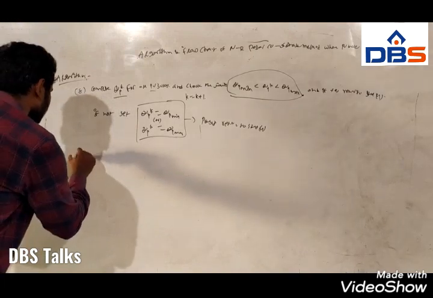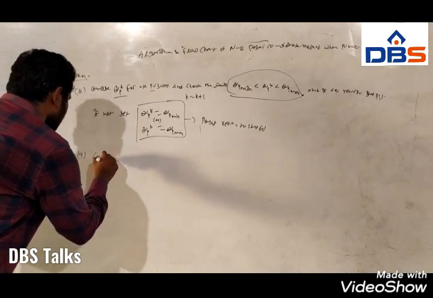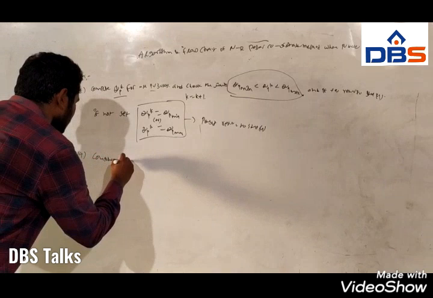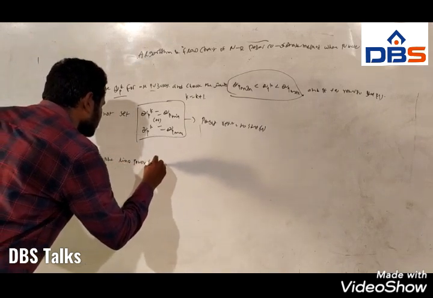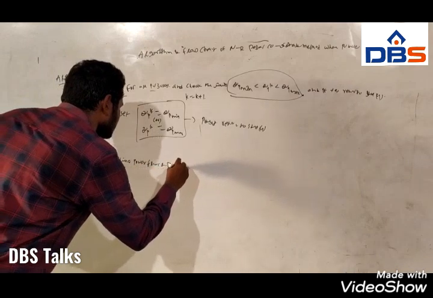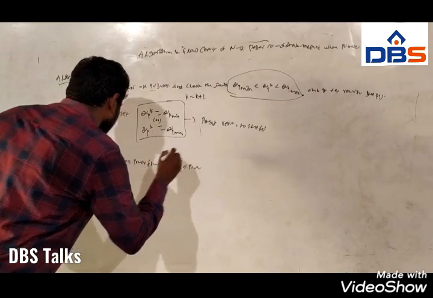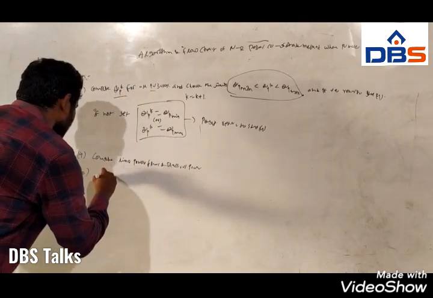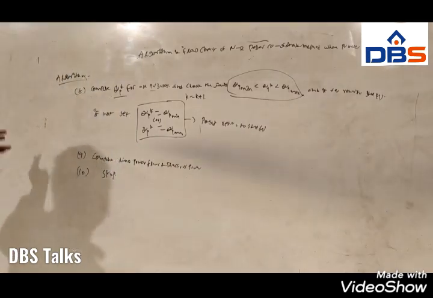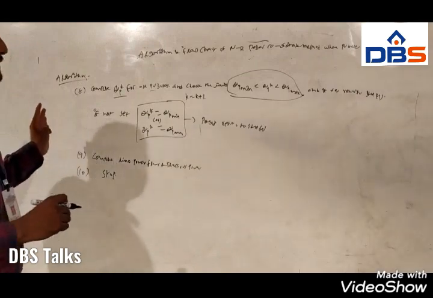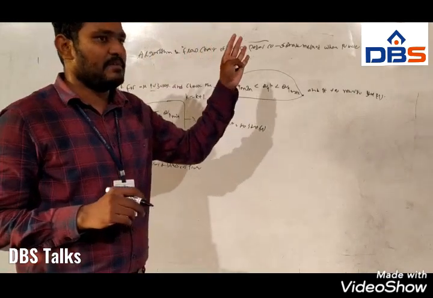And lastly, we have to compute line power flows and slack bus power, and at last we have to stop the program. So this is the algorithm for the NR polar coordinate method.